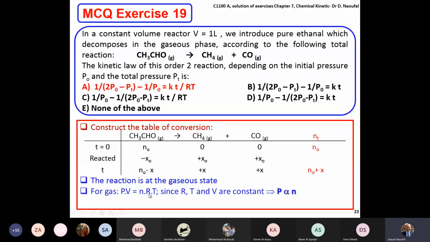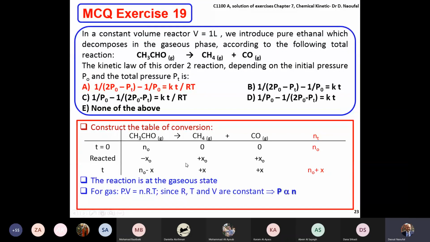Since R is constant, and T in this problem is constant, we don't have any indication that the temperature is variable, and V is constant, P equals nRT divided by V. So P equals a constant ratio times n. That means the pressure is directly proportional to the number of moles.